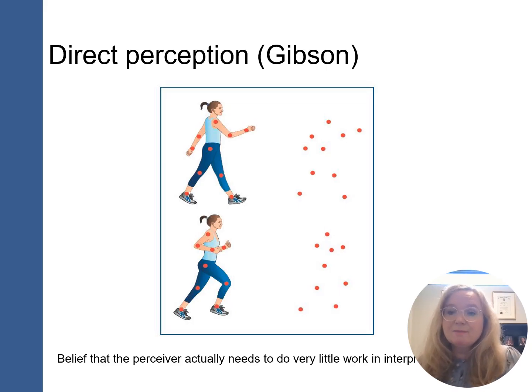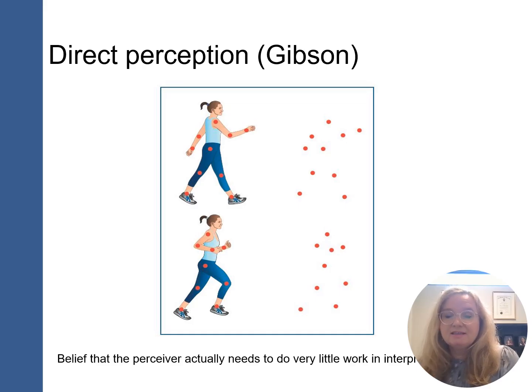Also, thinking about direct perception, Gibson did some really interesting work that put lights on people's joints and looked at people walking. What research like this has shown is that when people are acting, the perceiver actually has to do very little work in interpreting.